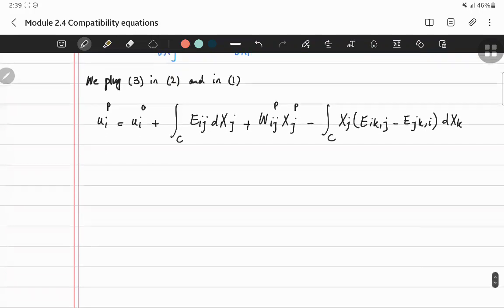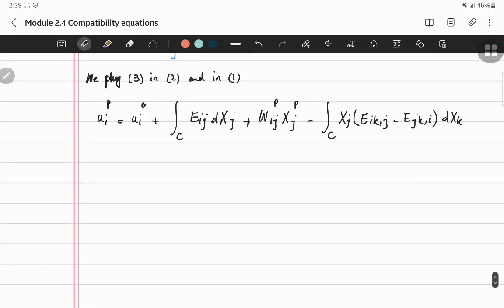All right. If you see in here, we have dx_k, we have dx_j, and here j is a dummy index.